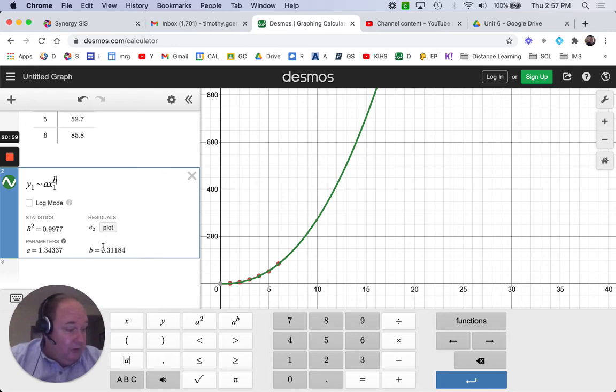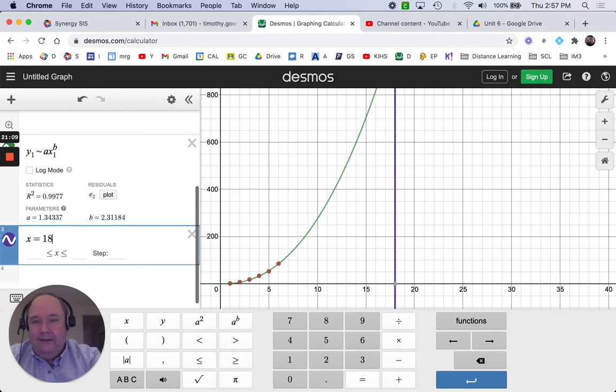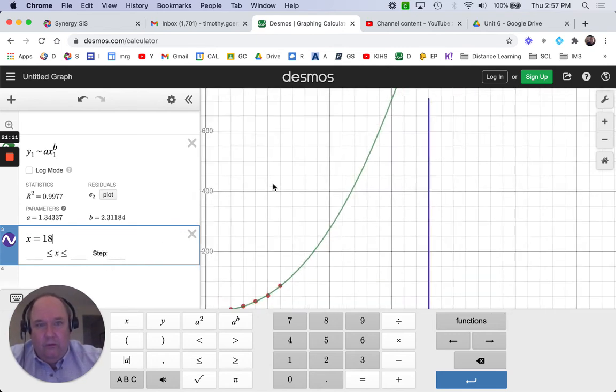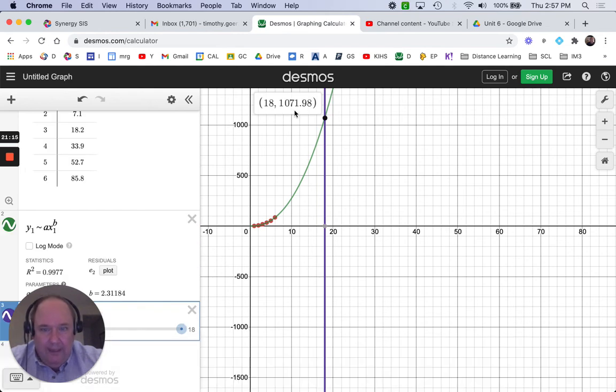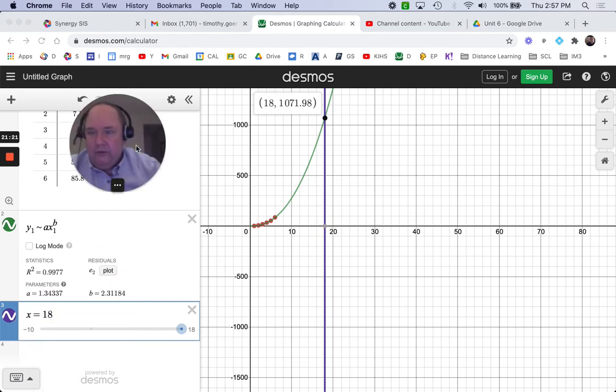And then the question is 2028. So the first year since 2010, so 2028 is 18 years later. So we have to go x equals 18 and then figure out where that is on the graph. And then how many is that? So let's write the equation down and then solve it in terms of the question.